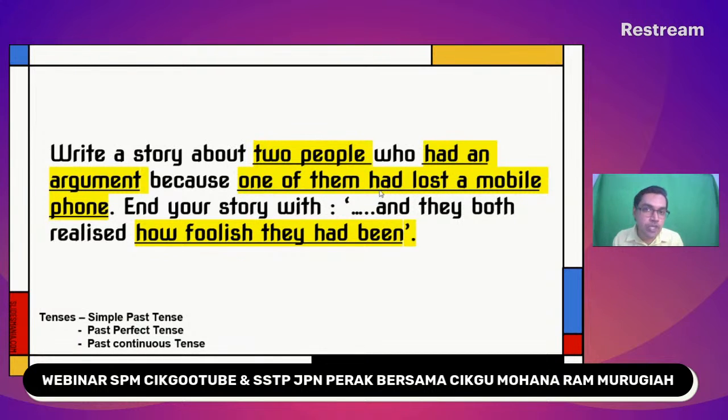The plot has been given to you. So what you have to do is you have to elaborate. Here you have to describe the character, the 2 people. Who are the 2 people? A very simple essay you can think of is like 2 characters, Ali and Aming. They went for a school camping trip in a jungle. So you have to bring out the idea of putting it in the jungle.